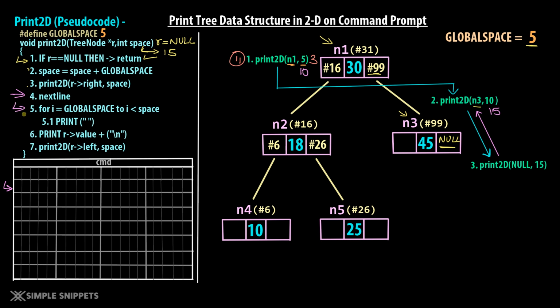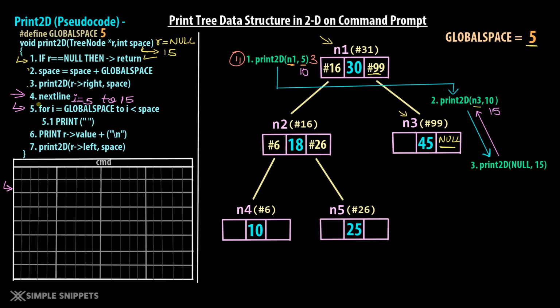Moving on to step 5. Over here we are calling a for loop. We are saying i equals global space. What is the value of global space? It is always going to be 5. So from i equal to 5 to i less than space. The space value inside the second print2d is 15. Remember that. So we are traversing from i equals 5 to i equals 15.